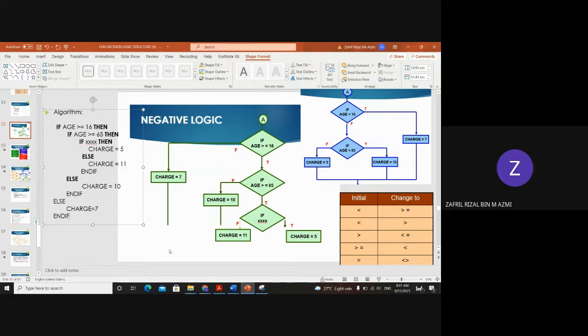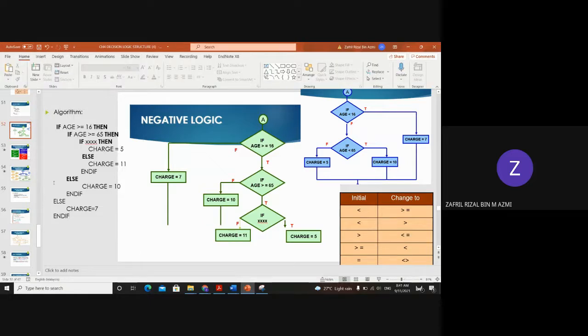Alright, so then you have a negative logic structure which also happens to be a nested decision. Okay? Any question? No, sir. Clear?